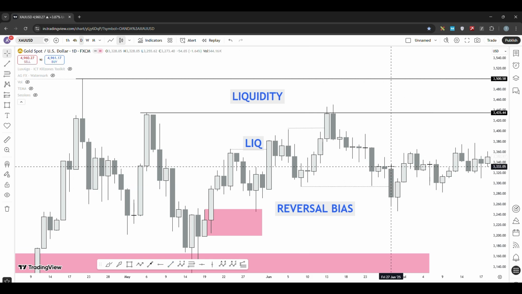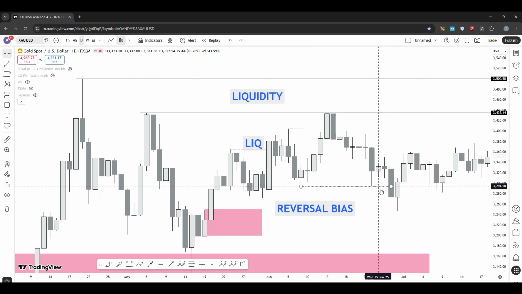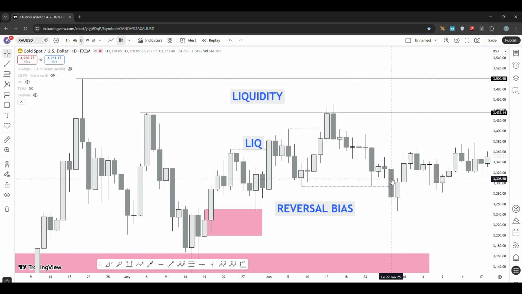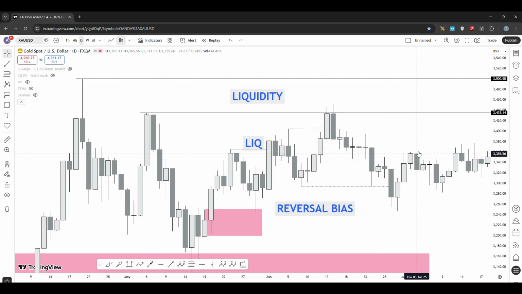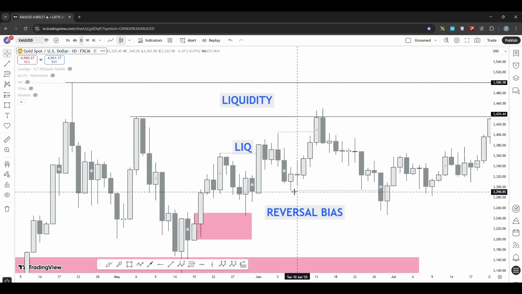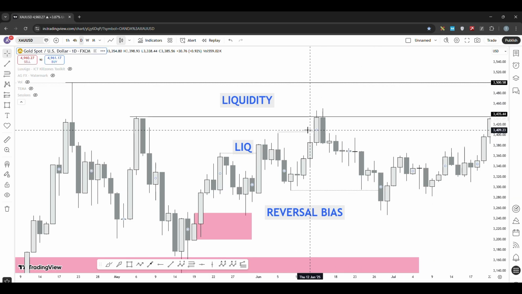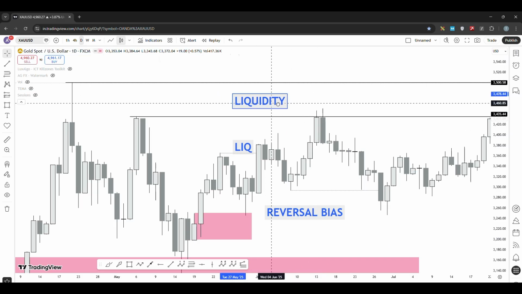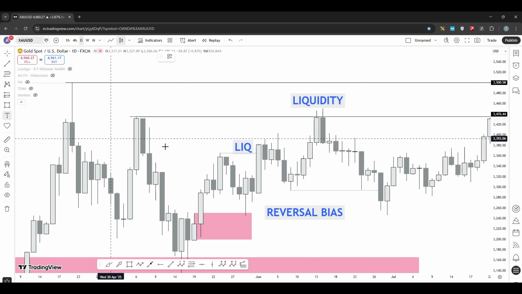This was just a liquidity sweep, even though the candle closed below. But if you go to the lower time frame, you will see displacement, and from here you could have taken a buy entry because this was just a liquidity sweep. So this is a move from liquidity to a liquidity.